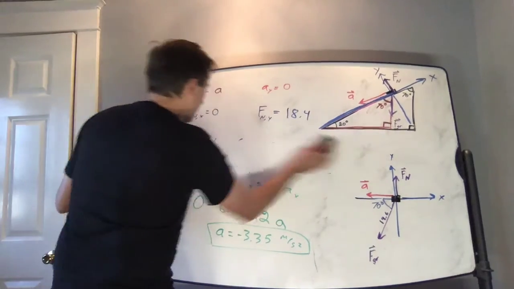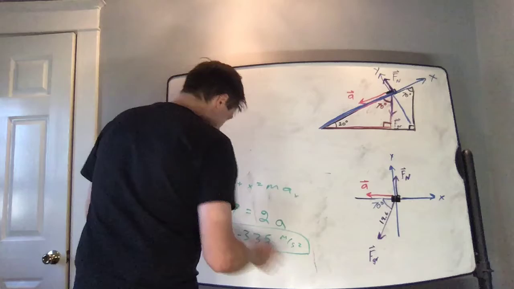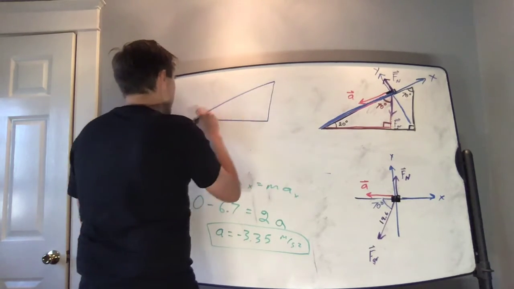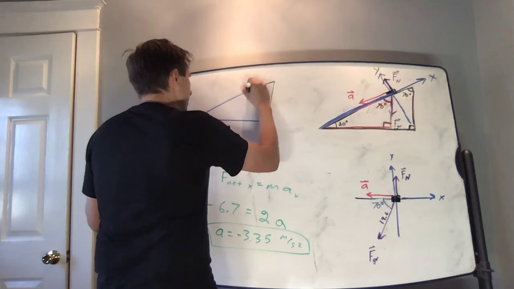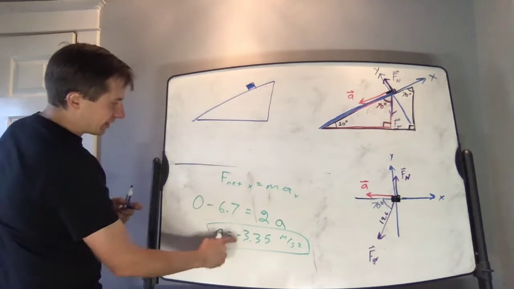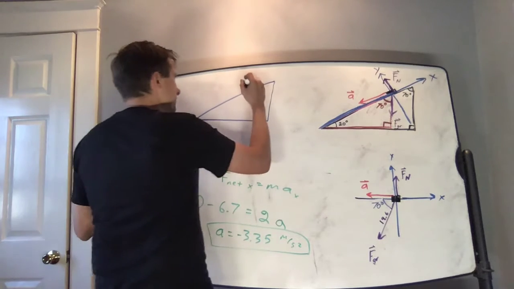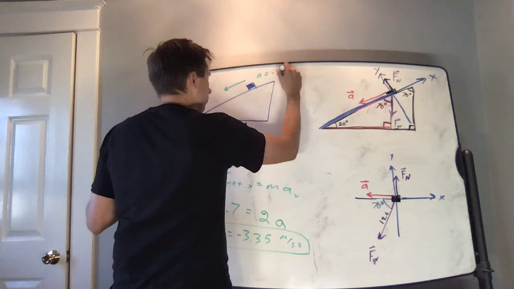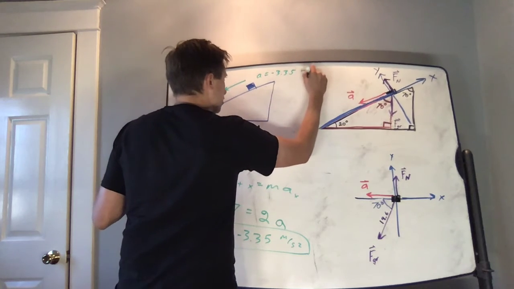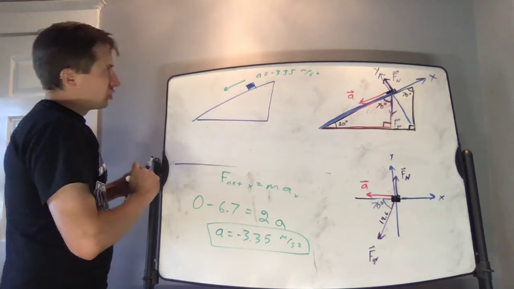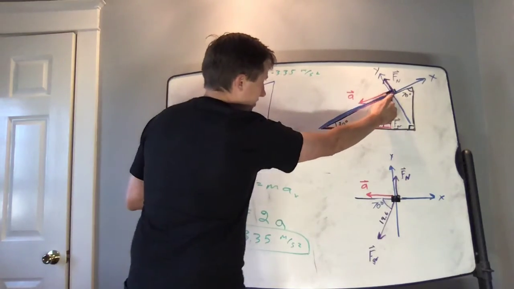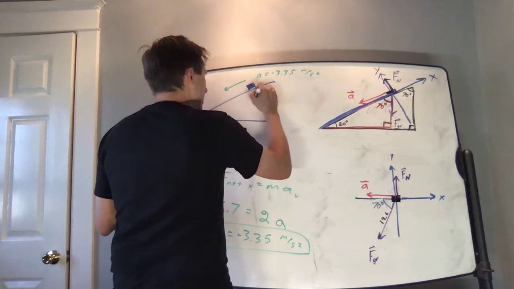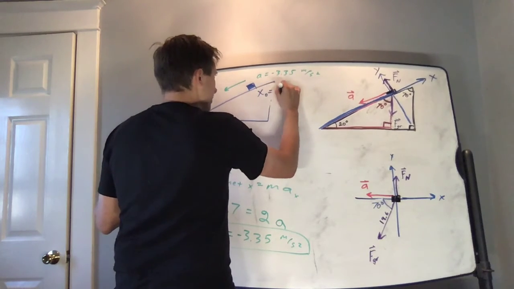If I were to draw the picture like this, here is my ramp, here's my crate. My crate is going to be accelerating at 3.35 down the ramp. So here's the acceleration, a equals negative 3.35 meters per second squared. We'll keep the same coordinate system. So the x initial of the crate is equal to 0.